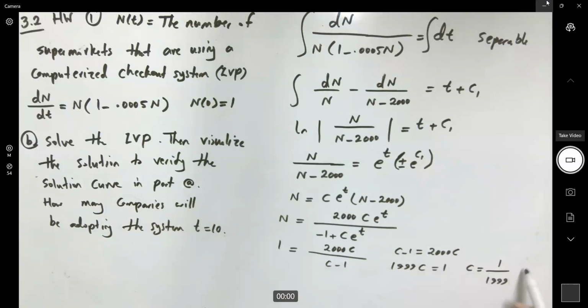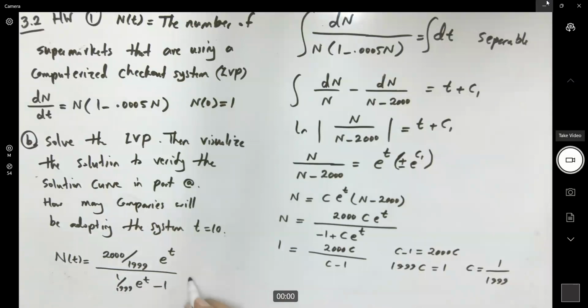Okay, so let's just plug those back into n. n of t becomes 2000 divided by 1999 e to the t, divided by 1 over 1999 e to the t minus 1. So this is the model that we have.